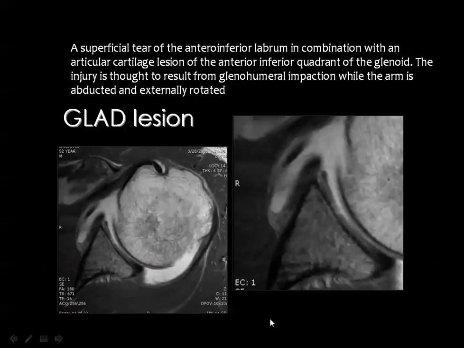Then we come to a lesion which is, let's say, similar to that of the Perthes lesion, but in this injury there is some injury of the anterior glenoid labrum, and the injury will extend to affect the articular cartilage of the glenoid part of the scapula.